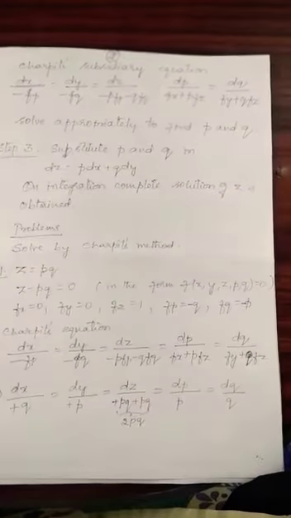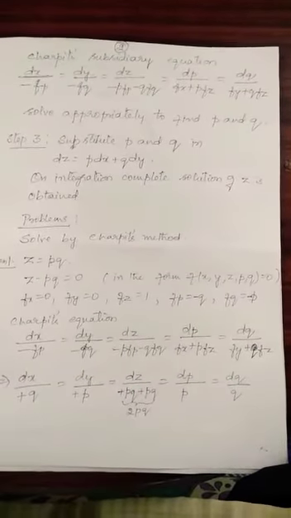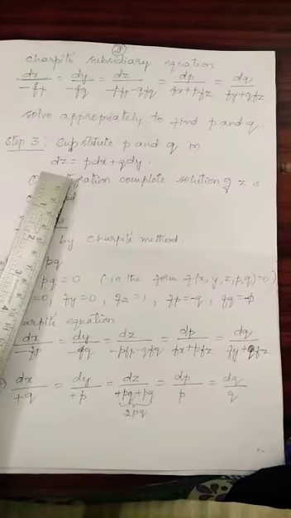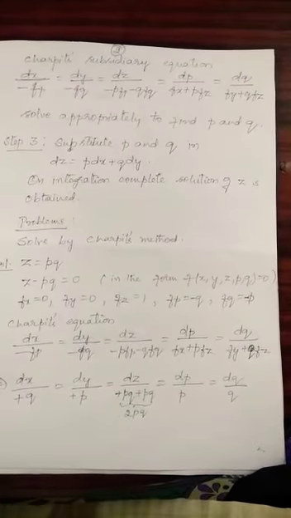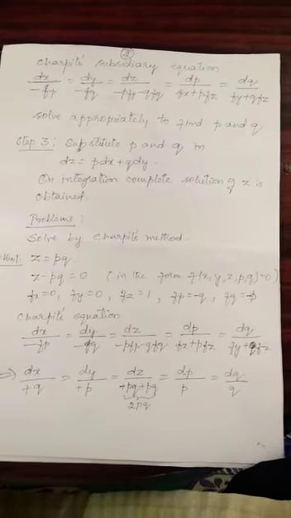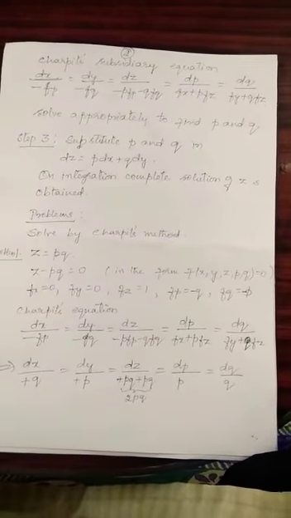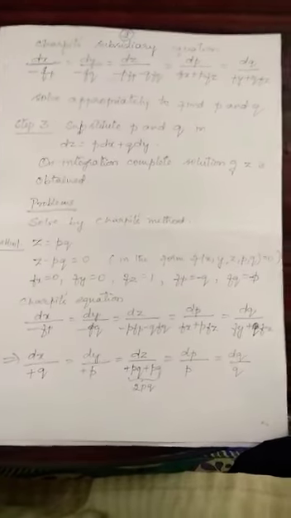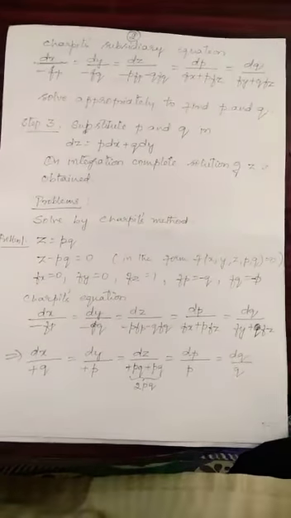Substitute the values of p and q in this total differential equation. By integrating it, you get the complete solution or the complete integral in terms of z. So this is the method of solving using Charpit's equation.